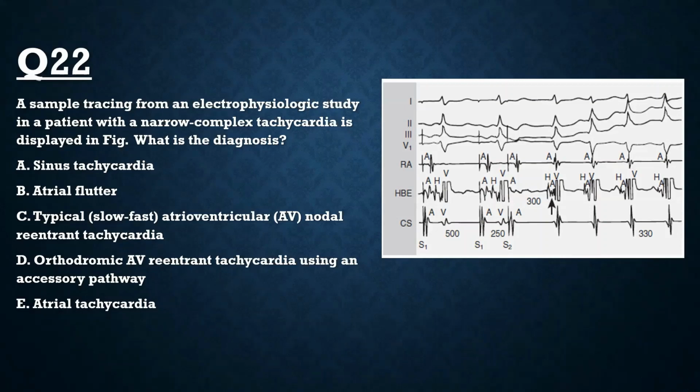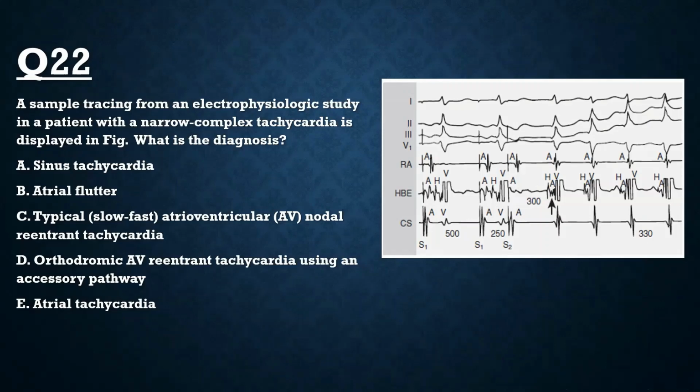That means this beat, which is a premature atrial ectopic beat, went through the slow pathway. If it went through the slow pathway, you will find a very prolonged AH.